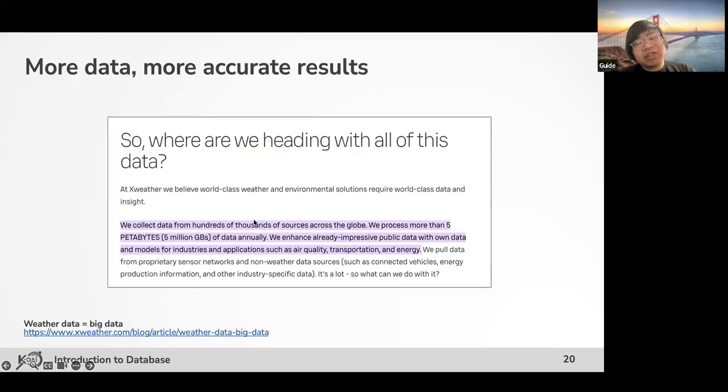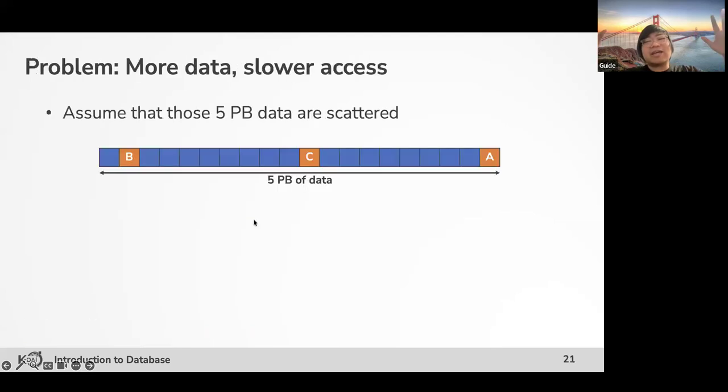But given that we have a lot of data, we need a place to store it, right? And we also need to deal with large scale storage. Imagine you need to find a certain book in your house. You may think, okay, it's going to take an hour to find the book.